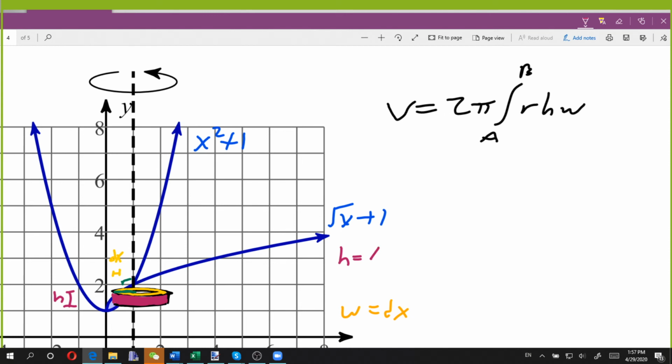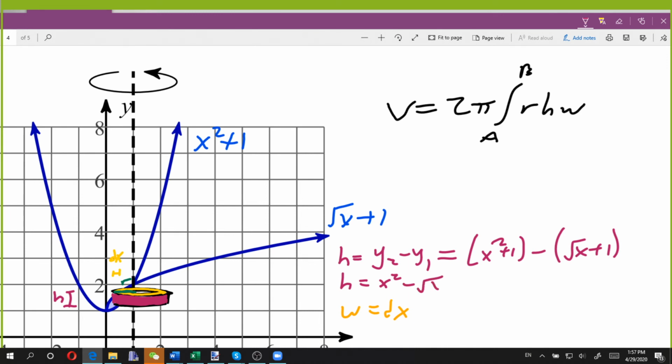So this is our top y minus bottom y, which is x squared plus 1 minus root x plus 1. Or I could say x squared minus square root x, since our 1's will cancel.